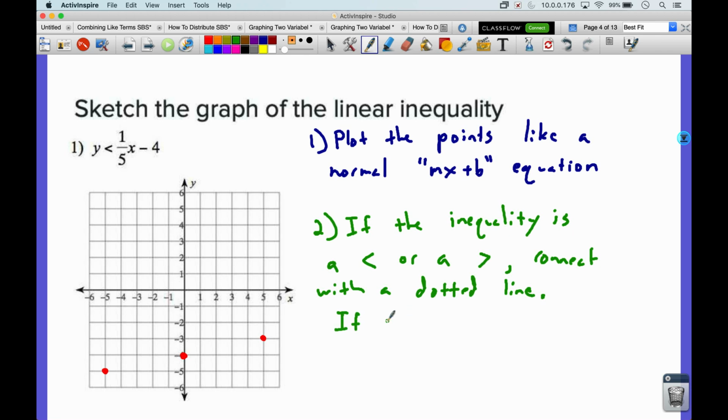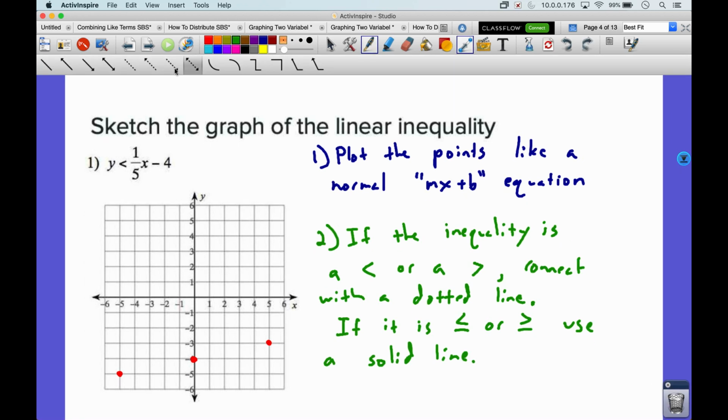If it is less than or equal to, or greater than or equal to, use a solid line. So we have just a less than, so we are going to connect up these dots with a dotted line. Let me make that a little more bold.